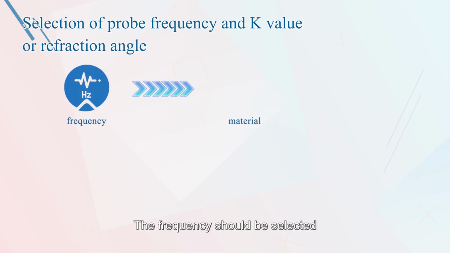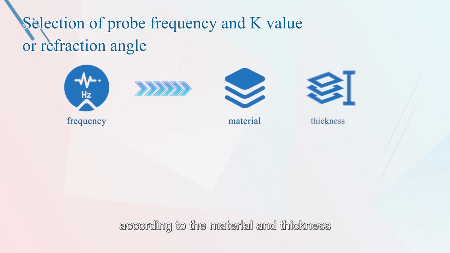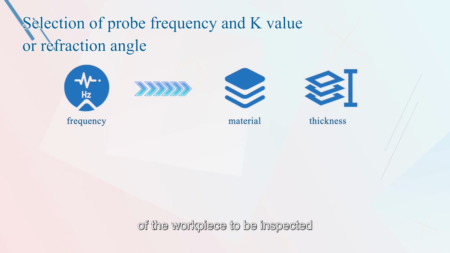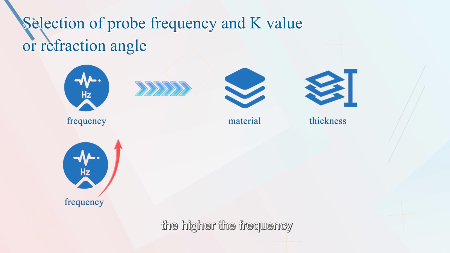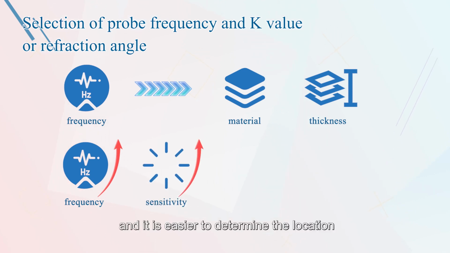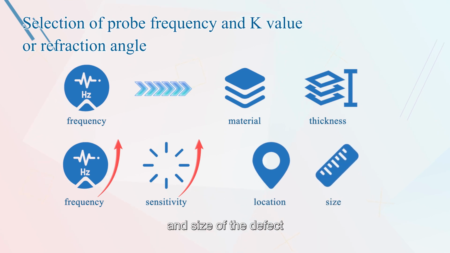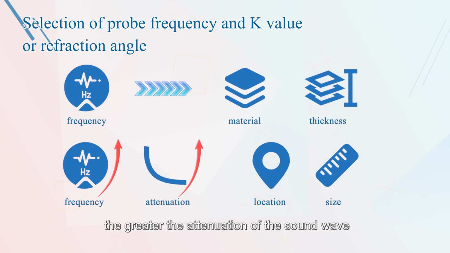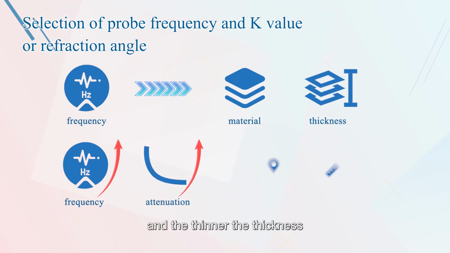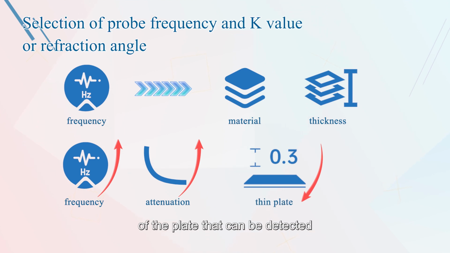The frequency should be selected according to the material and thickness of the workpiece to be inspected. In general, the higher the frequency, the higher the sensitivity, and it is easier to determine the location and the size of the defect. However, the higher the frequency, the greater the attenuation of the sound wave, and the thinner the thickness of the plate that can be detected.